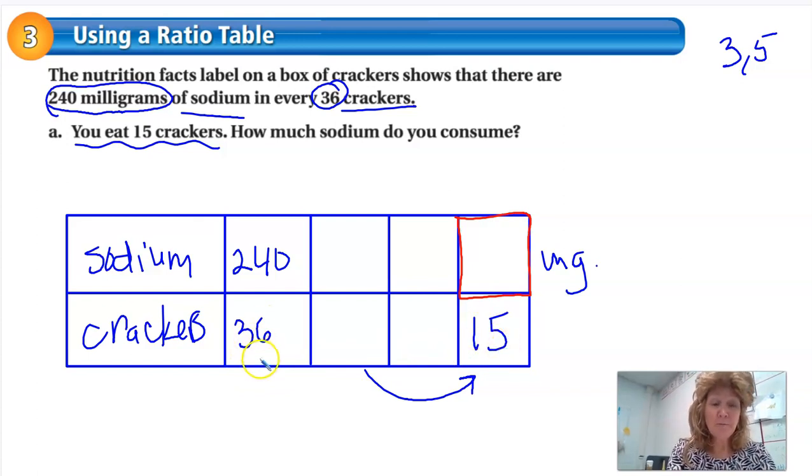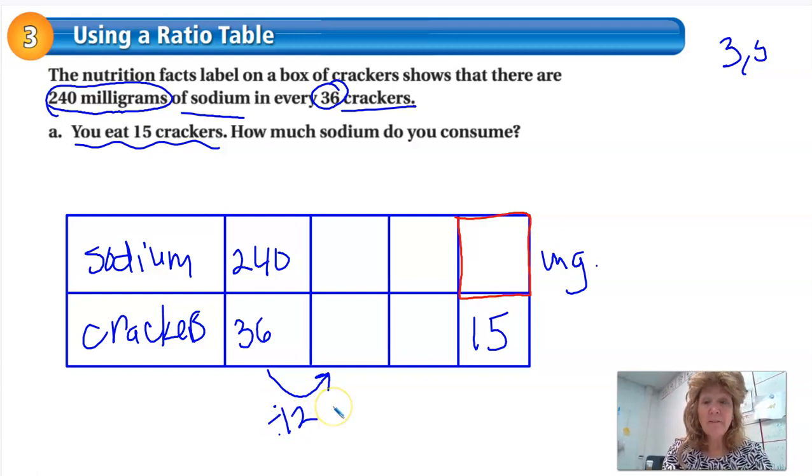So here's what I'm going to do. I'm going to divide. This is the first time we've divided. I'm going to erase my swoop. Let's erase that. Oops, that's not an eraser. There we go. Now when I go from 36, I'm going to divide by 3 because I found a common factor of 3.